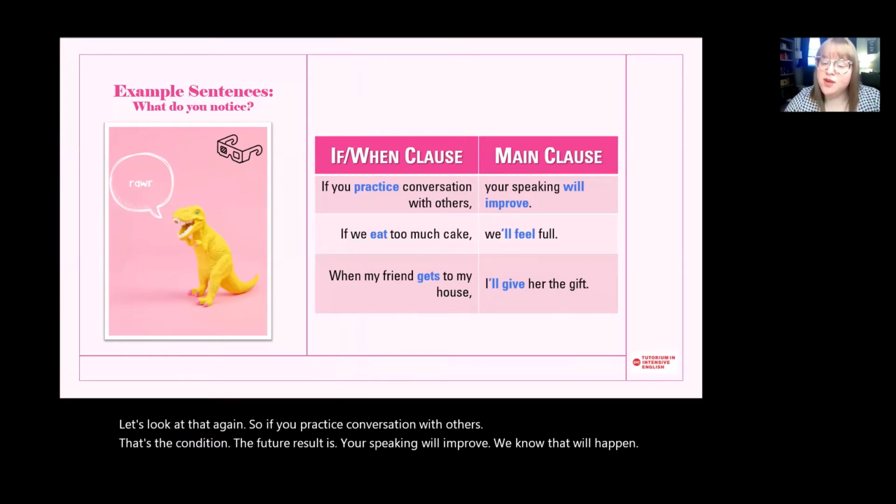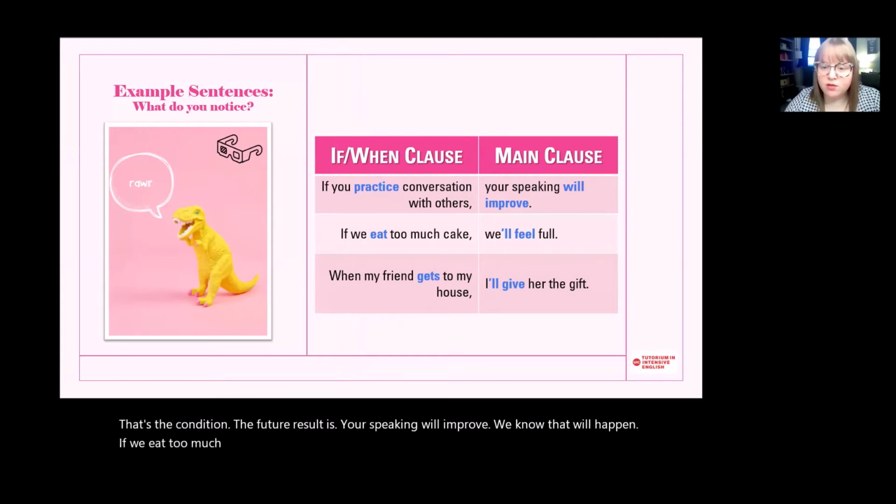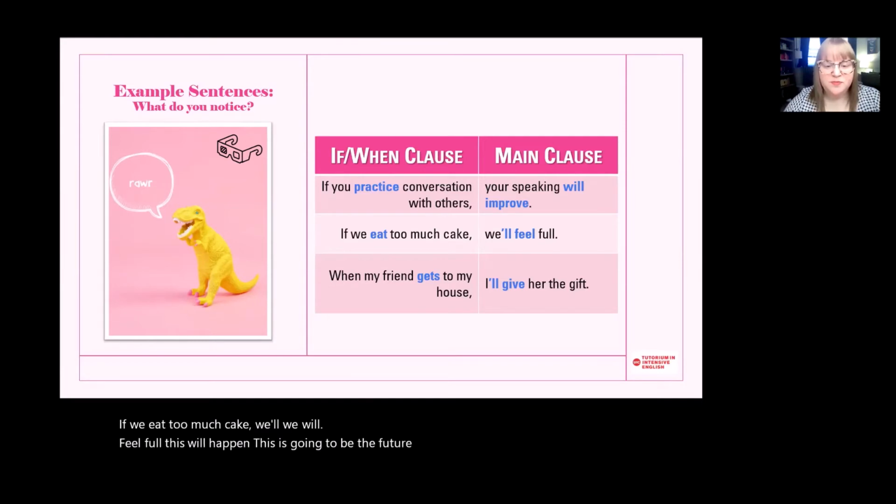If we eat too much cake, we will feel full. This will happen. This is going to be the future result. I know that. When my friend gets to my house, that's the situation, I'll give her the gift. That will most definitely happen.